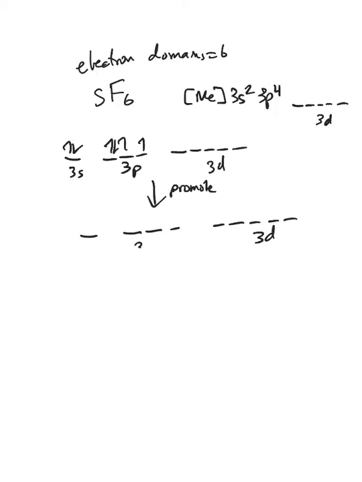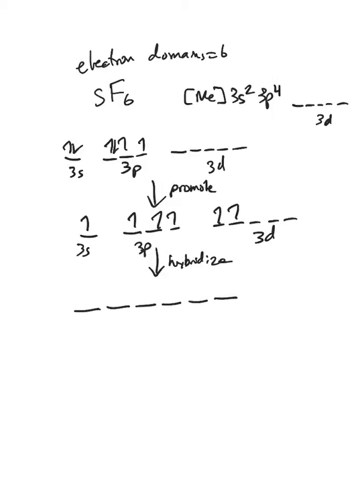We want to promote. So 3d, 3p, 3s. We're going to unpair those electrons that are in the filled 3s and 3p orbitals, and we'll promote them up to the 3d. Cost us energy, but then we can get it back when we hybridize. And so now I'm going to have 6 hybrid orbitals, and what's left over are a trio of 3d unhybridized orbitals.